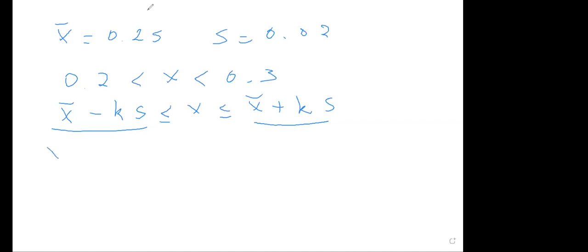I will have x bar plus ks minus x bar minus ks. The x bar minus x bar will take the x bar away. The minus minus ks will make it plus ks, and it will give me 2ks.